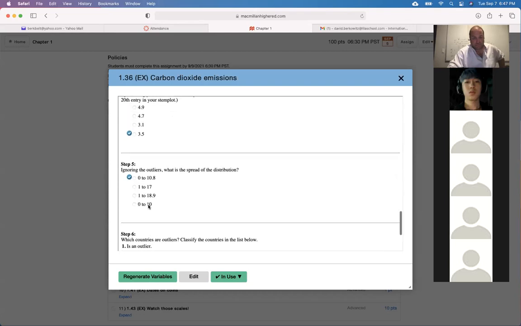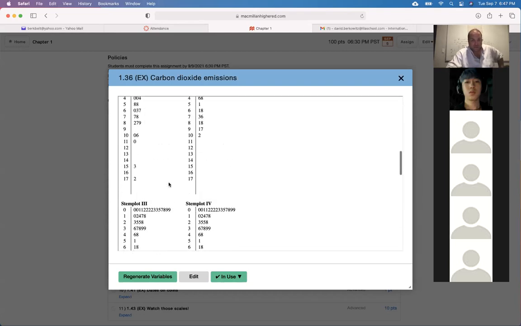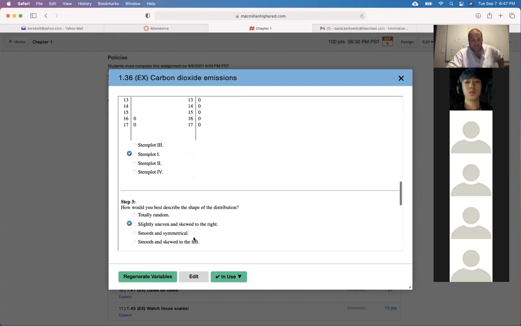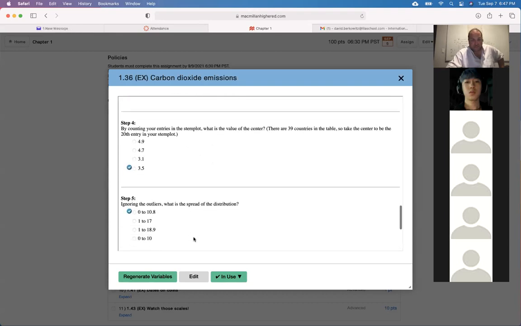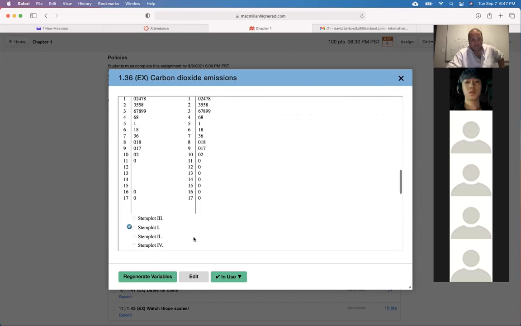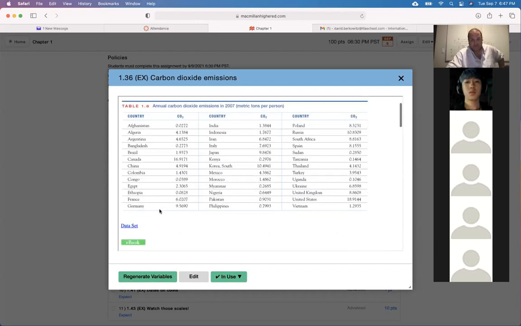I also don't see 15.3 on the table either, because this one has a 15.3 in it. So this is nonsense. And then which countries are outliers? Well, assuming these ones here, it's not even on the sheets. I mean, the United States for sure, and maybe Canada.